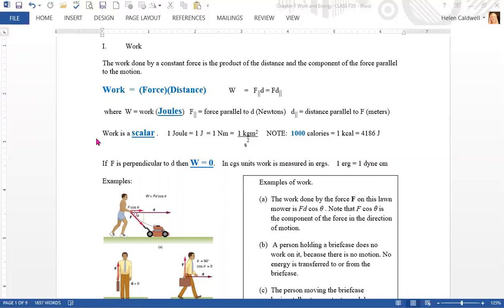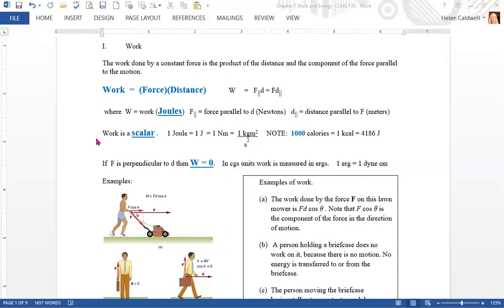A food calorie and a physics calorie are not the same size. 1,000 physics calories is the same thing as 4,186 joules, and 1,000 physics calories are the same thing as 1 kilocalorie. The calories on a box of food in the United States are actually kilocalories.